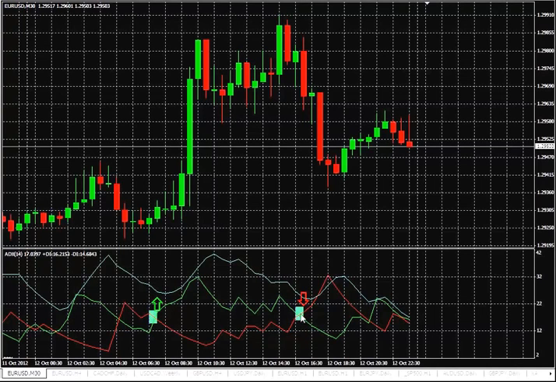With the same rules that I used for the previous crossover, I now enter short, and I just make sure that ADX is over 24, which is true.